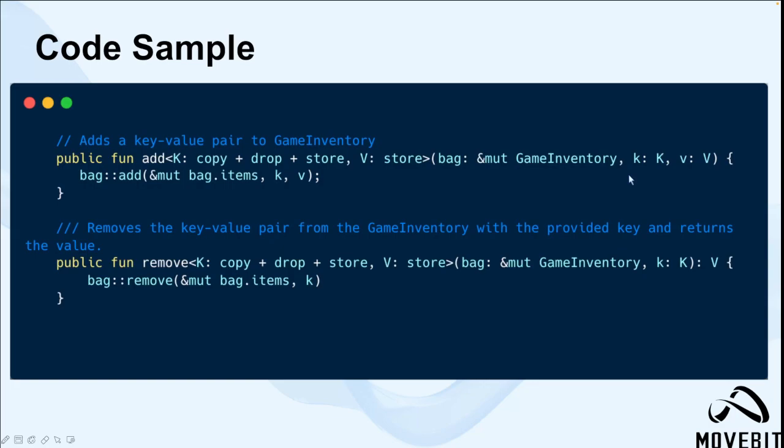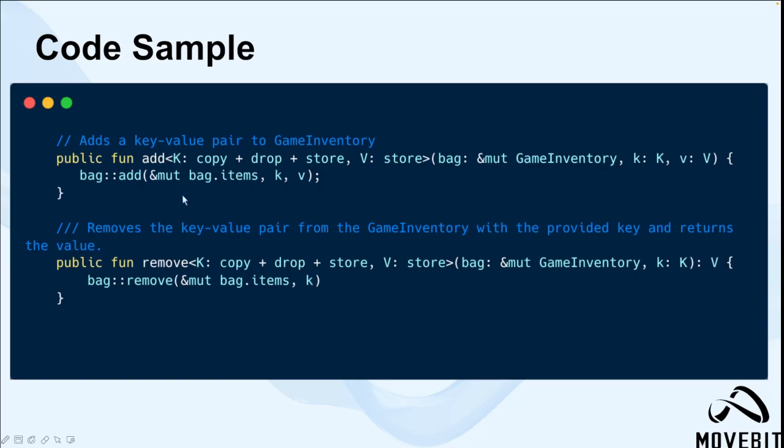We also have v, which is the value of generic type V, which also must satisfy the store capability. This function will call the bag add function, passing a mutable bag reference, also the key and v. And this function adds a key-value pair to the game inventory.